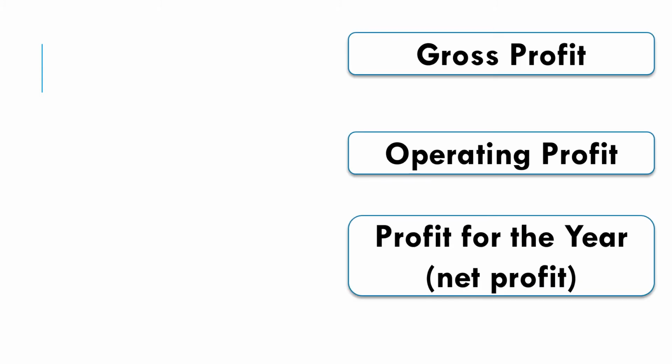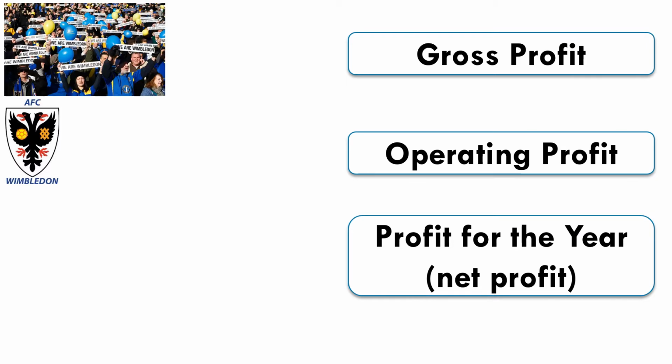Okay, let's have a look at a quick example. We're going to look here at, as an example, the single greatest football team going around. So a football club. Now, if we think about gross profit for a football club, revenue will come from the fans buying tickets and buying shirts. And then we need to subtract off the direct costs, the cost of providing that service.